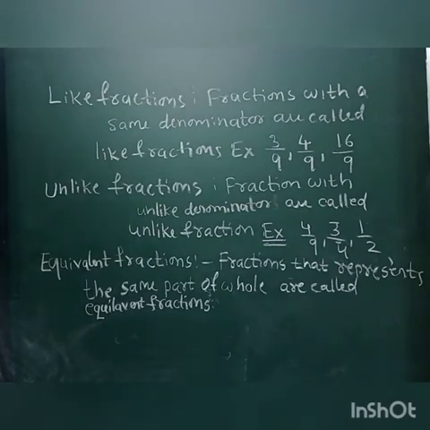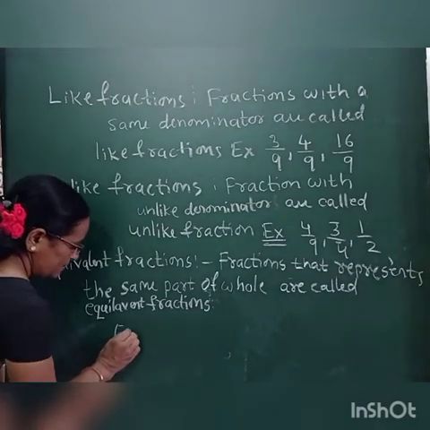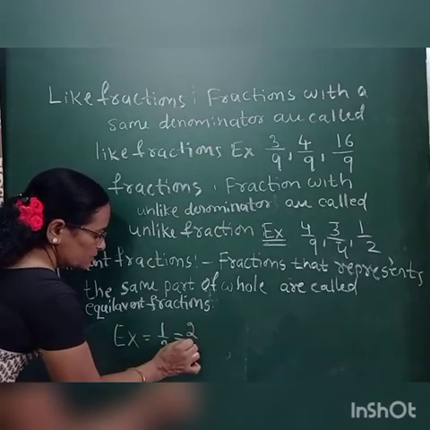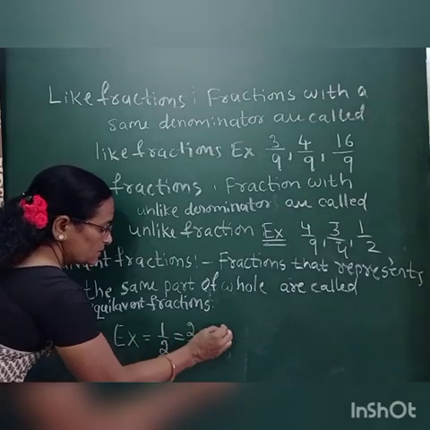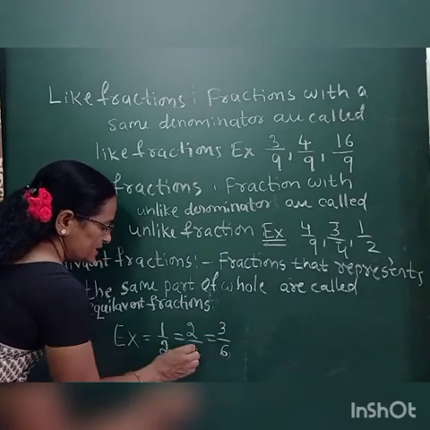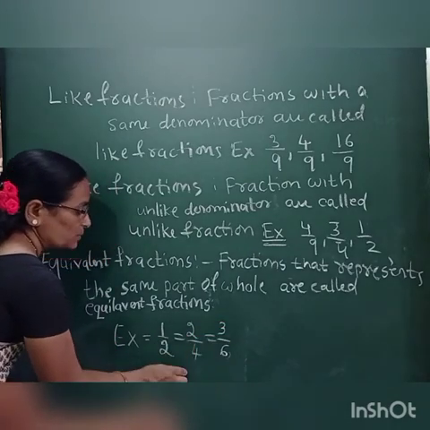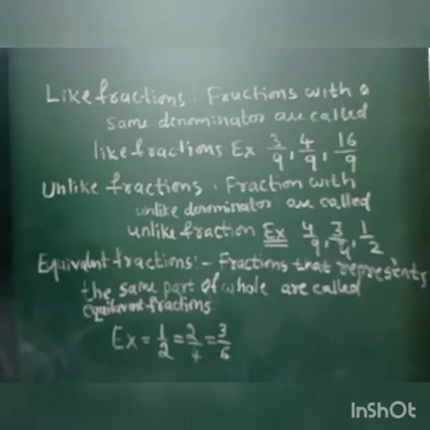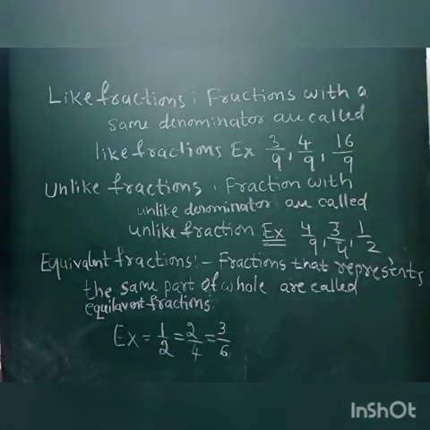Examples for equivalent fractions: 1 by 2, 2 by 4, 3 by 6. Here 2 ones are 2, 2 twos are 4, so it is 1 by 2; 3 ones are 3, 3 twos are 6, again 1 by 2. These are called equivalent fractions. Learn these definitions.